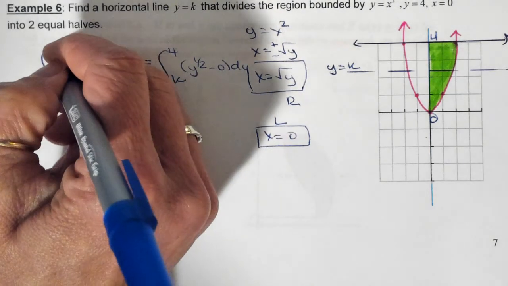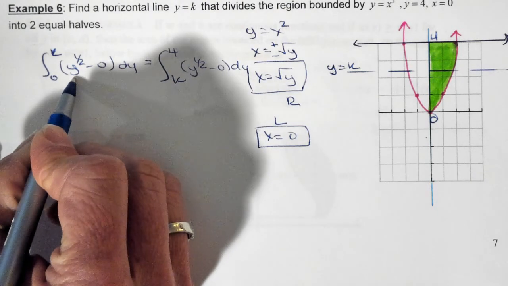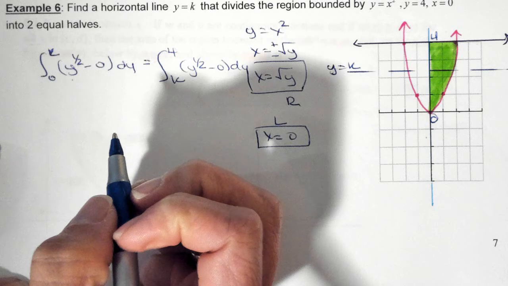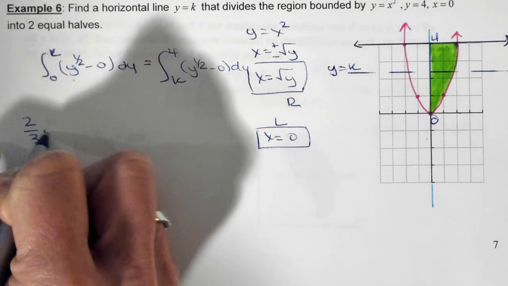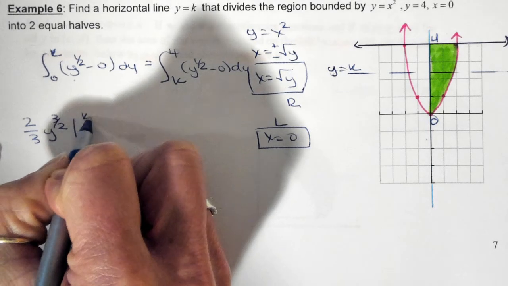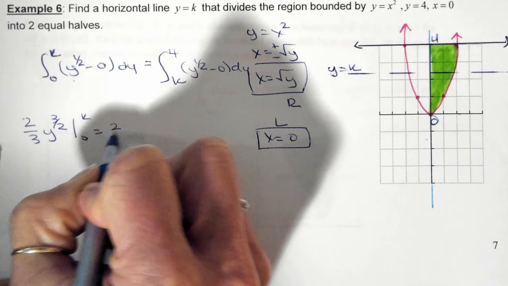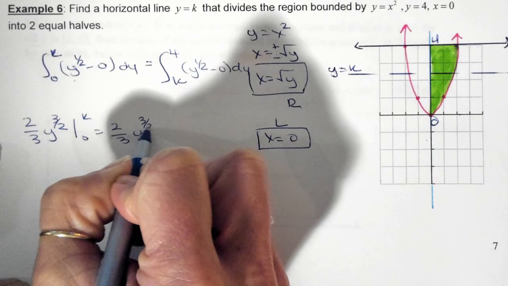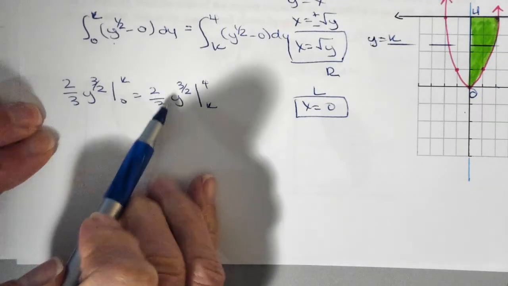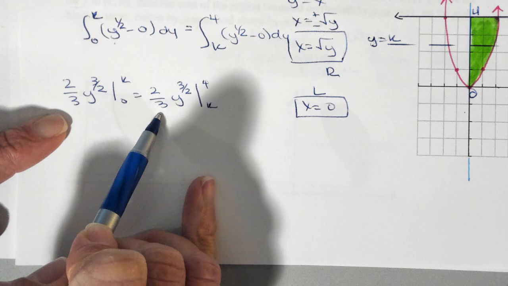Okay, so here's the deal. We need to integrate y to the 1/2. What is the integral of y to the 1/2? 2/3 y to the 3/2, evaluated from 0 to k, is equal to 2/3 y to the 3/2 evaluated from k to 4. Okay, folks, we talked about this. What happens to the coefficients?